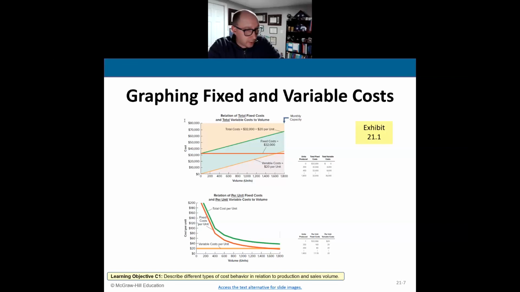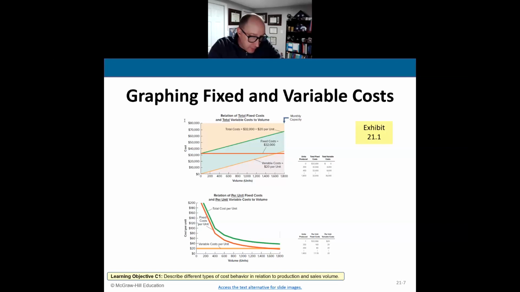What you see here with relationship to fixed costs on a per unit basis is that the fixed cost per unit decreases with the more units produced. So the more units we make, the lower my fixed cost per unit is going to be.